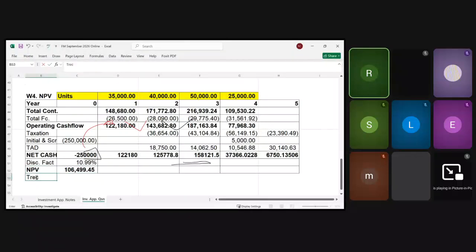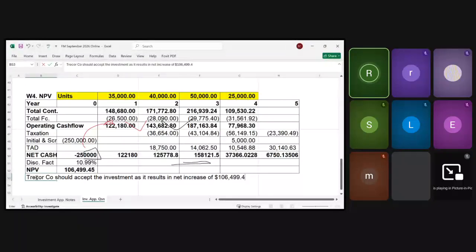So Treco Co should accept their investment as it results in a net increase of 106,499.45 in shareholders' value.